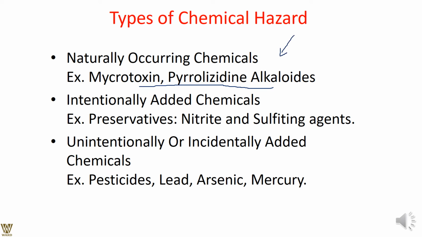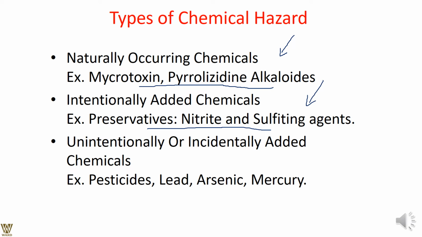And then we have our artificially added chemicals, for example sulfiting agents and nitrating agents, which we often add to stabilize certain chemicals for consumption. It might be beneficial for the body, but long term usage might make you a little bit nauseous, and eventually the ill effect on health takes place.